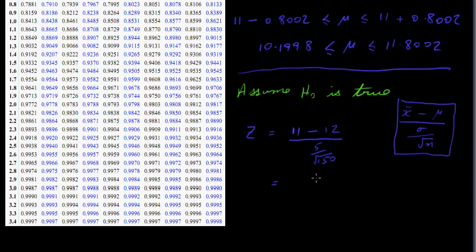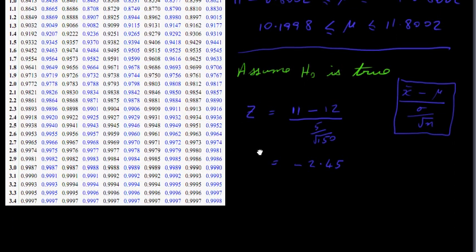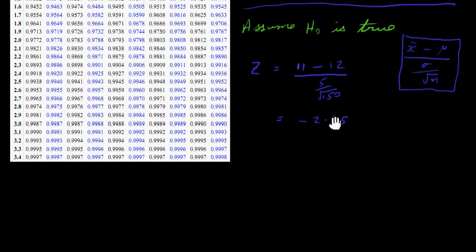Now when you work this out, you get a value of minus 2.45. Now we want to find the probability of getting a value of minus 2.45 or more extreme than that. So say we were to draw a little sketch.